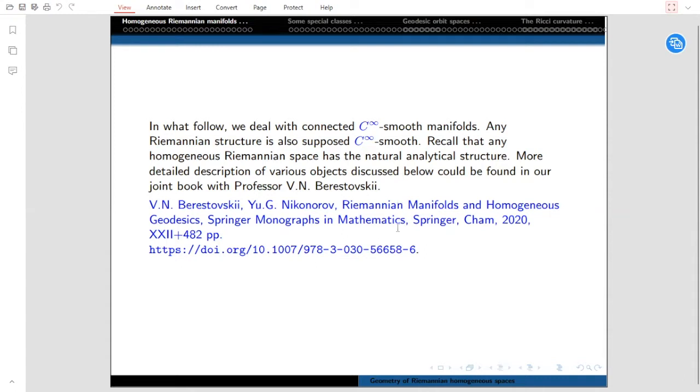This book, Riemannian Manifolds and Homogeneous Geodesics, contains almost all the information from this course, and much more information, of course, because we tried to collect all interesting results on homogeneous Riemannian manifolds in this book, not only results, but methods, approaches, and so on.